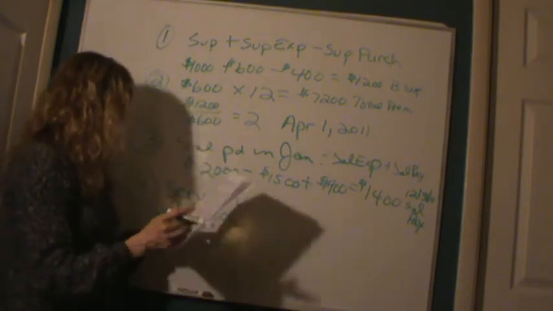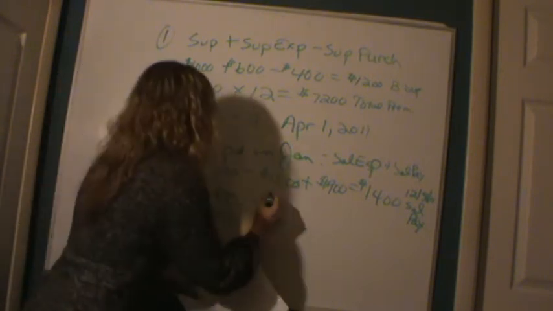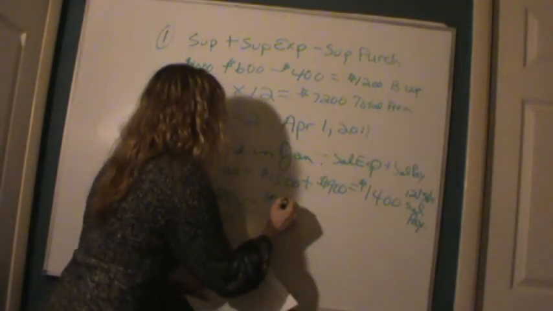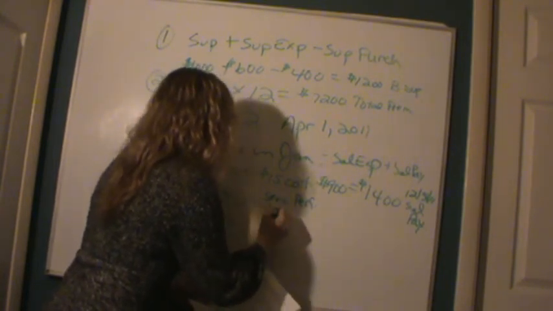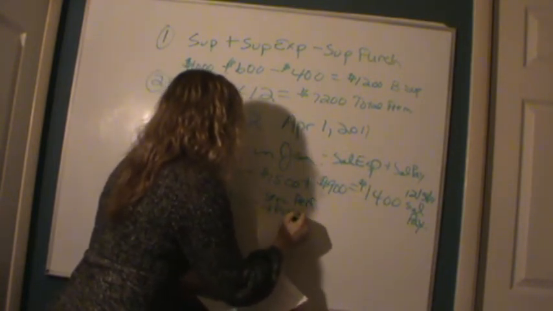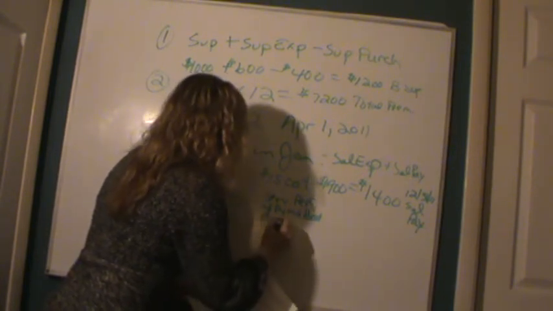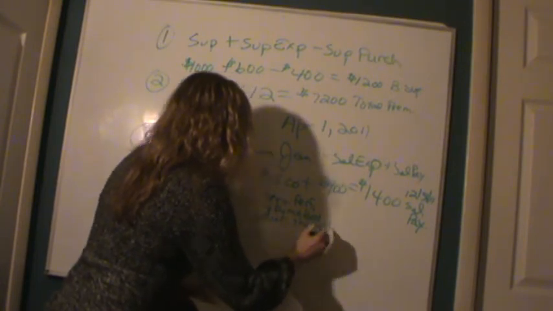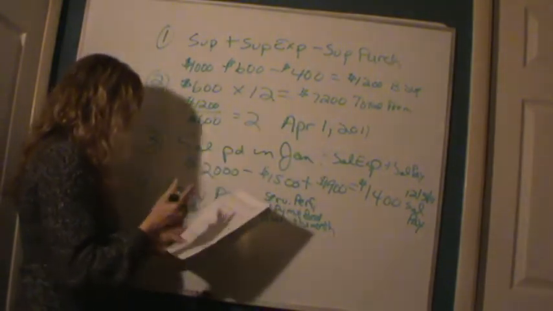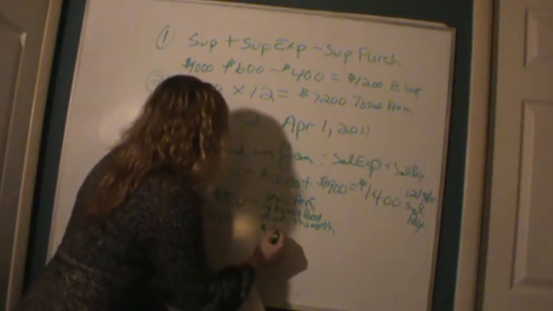You need to subtract, I don't know what to call this, I guess services performed and payment received during the month. And that amount for services performed and payment received is $1,500.